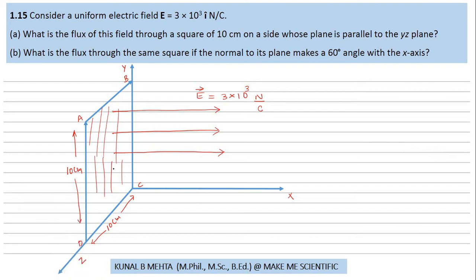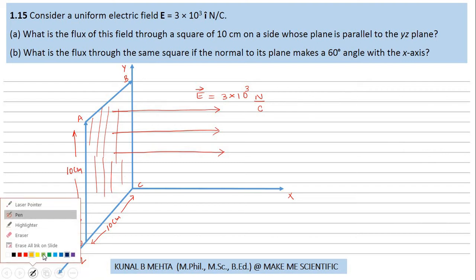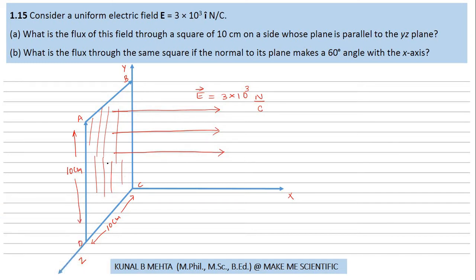Now let me use some different color pen. Now we know the area vector. The area vector of this would be in this direction, depending on which side is the observer. So as per me, the area vector can also be in the backward direction, but we assume the eye or the observer to be over here.